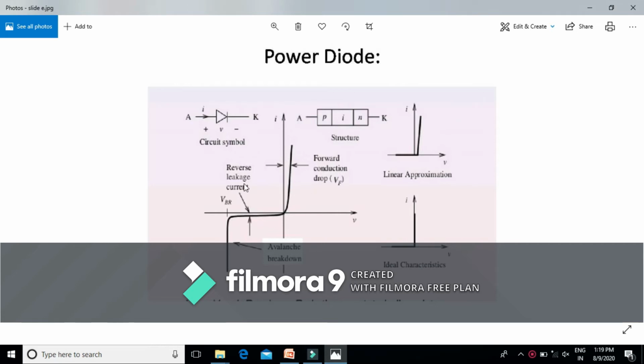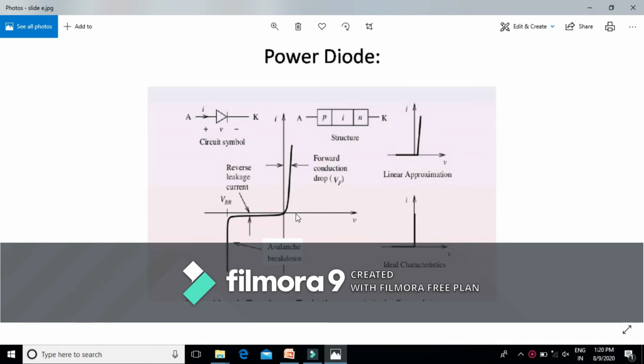Now, the IV characteristics of the power diode. This is the third diagram that represents the IV characteristics of a power diode. If the anode is made positive with respect to the cathode, that means if this diode is forward biased, then initially no current flows until the depletion layer is removed.